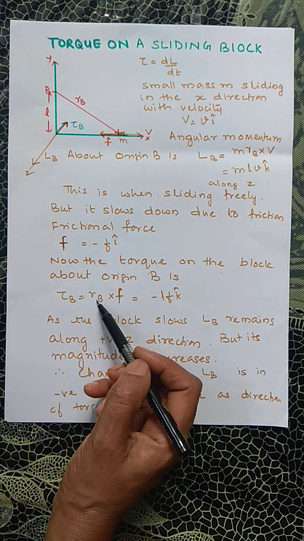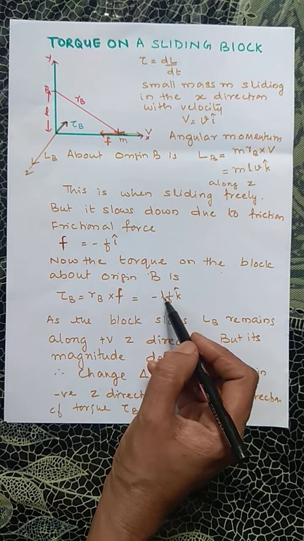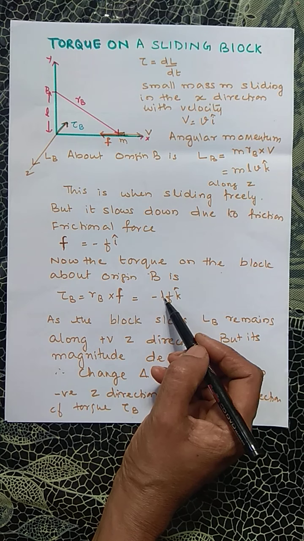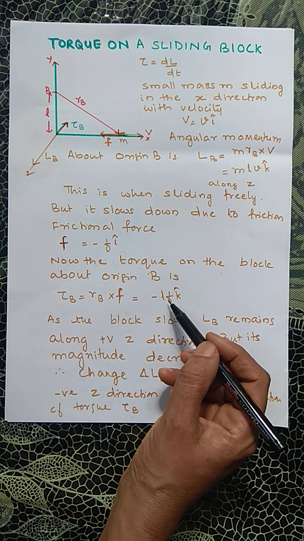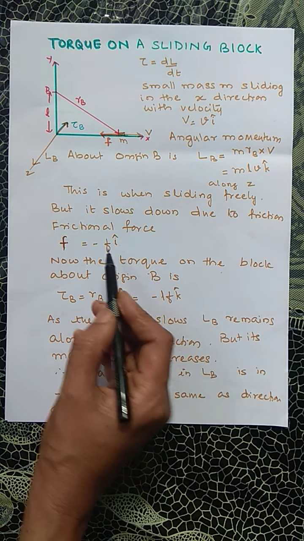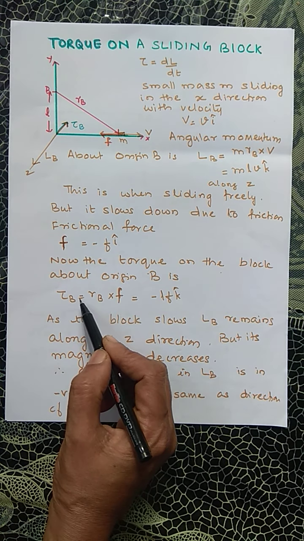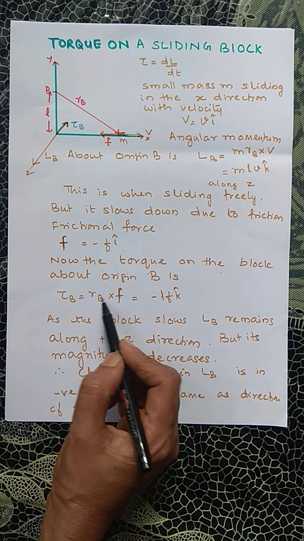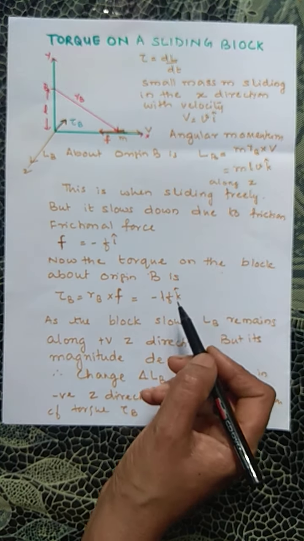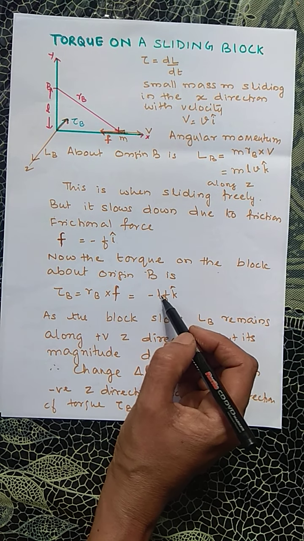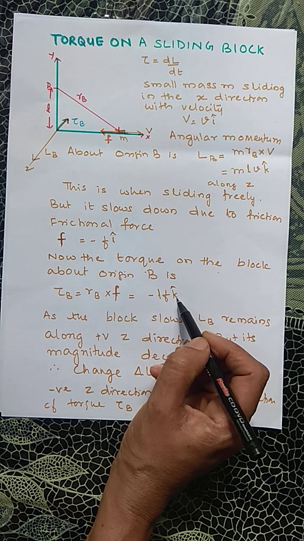So the torque tau B will be RB cross F. The magnitude of RB becomes L because only the perpendicular component we need to consider, so L into F. The frictional force is minus F i, and the direction of the torque is perpendicular to both RB and F. Minus i means negative x direction. So the torque will be LF into minus k.